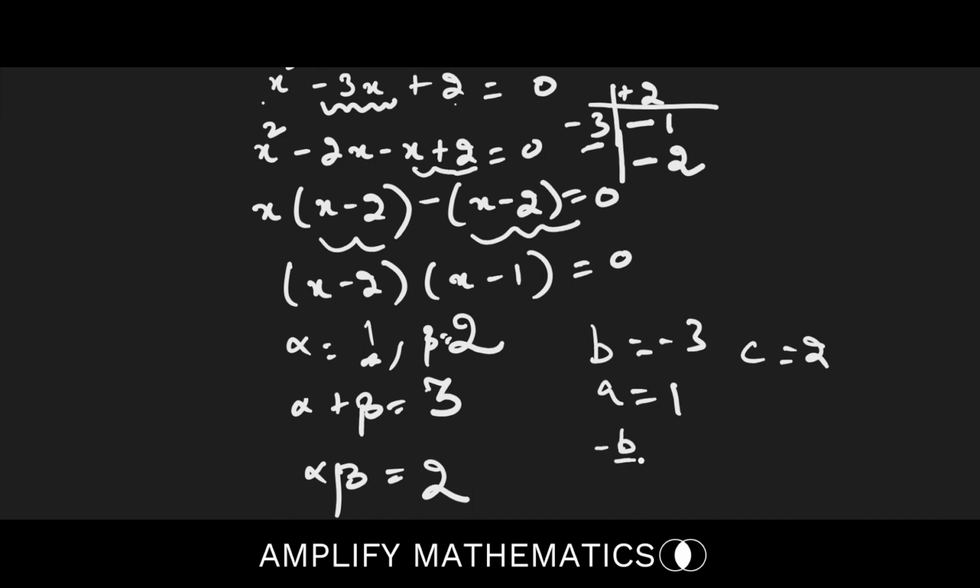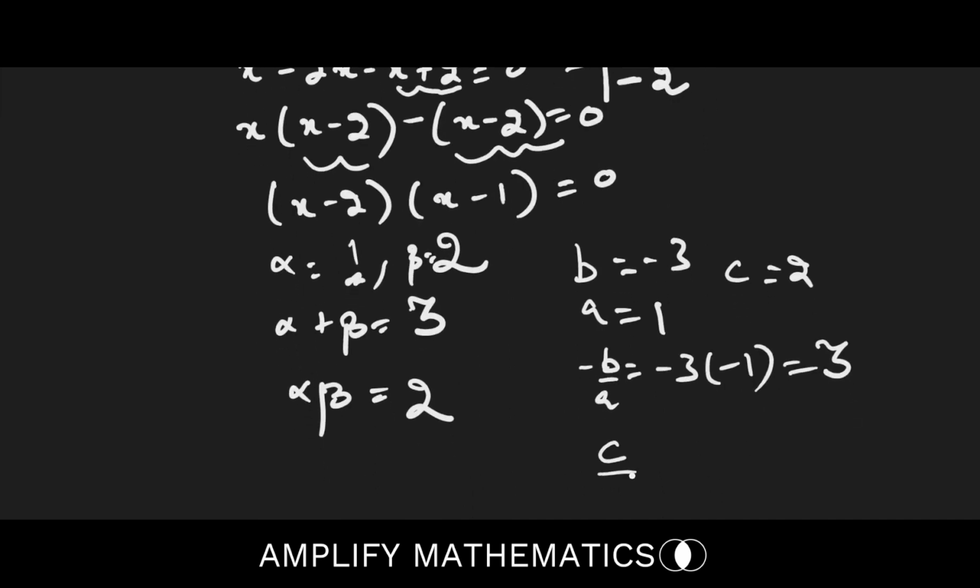Minus b by a is minus 3 into minus 1. Okay, this is 3. And c by a is 2 by 1. This is 2. Alright. So therefore, alpha plus beta is equals to minus b by a and alpha beta is c by a.